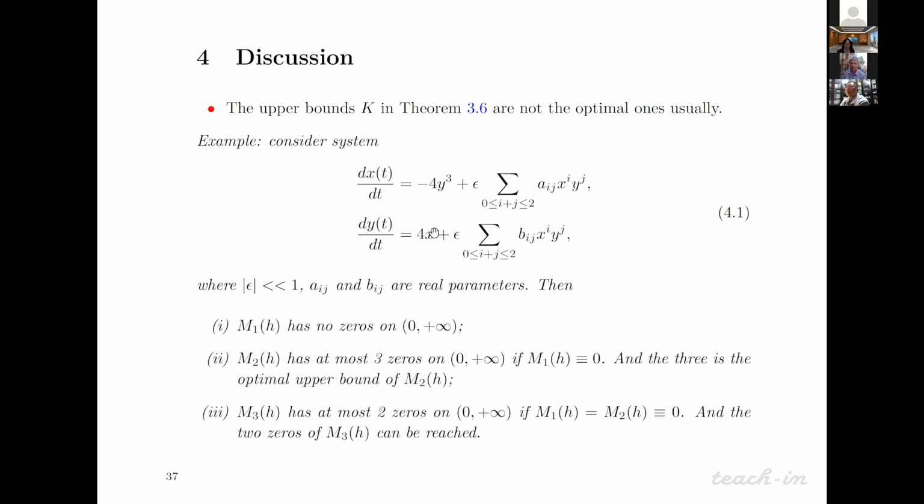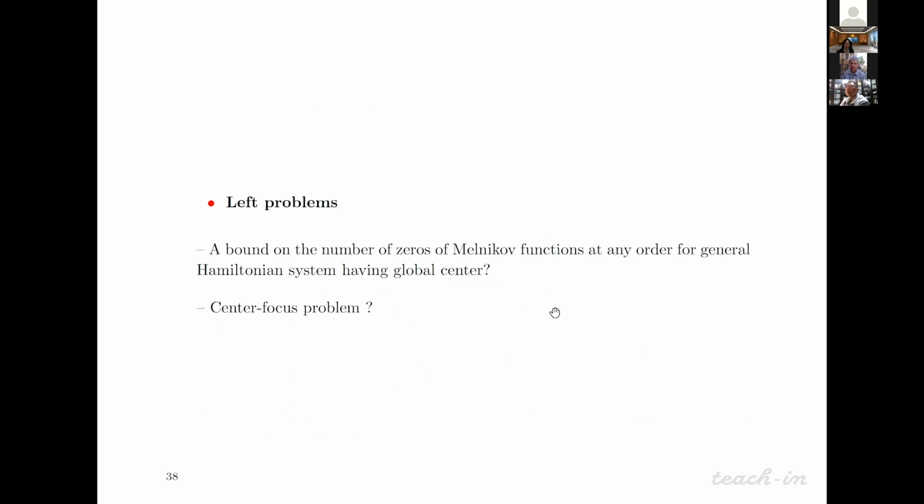So this shows that our theorem's upper bound is usually not optimal. The remaining problem is the bound on the number of zeros of the Melnikov function at any order for a general Hamiltonian having a global center. This is very difficult in this case.